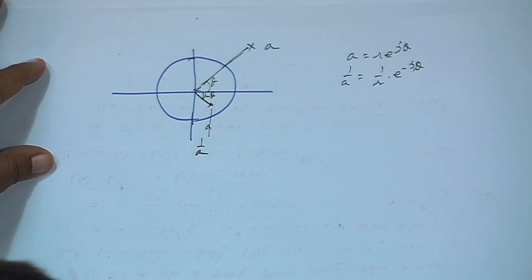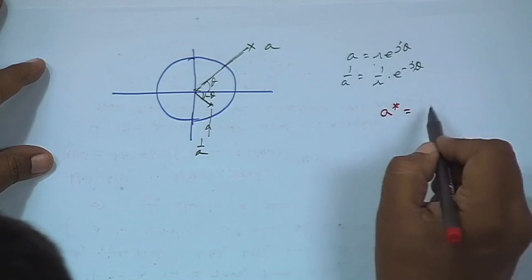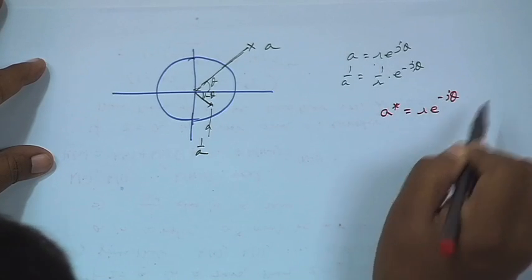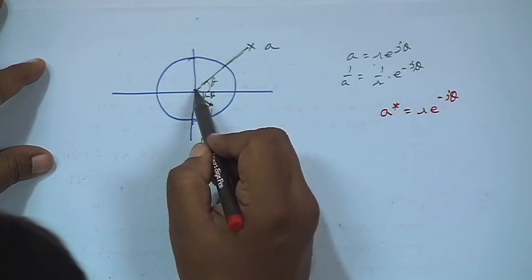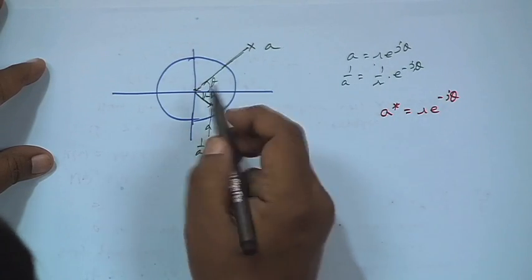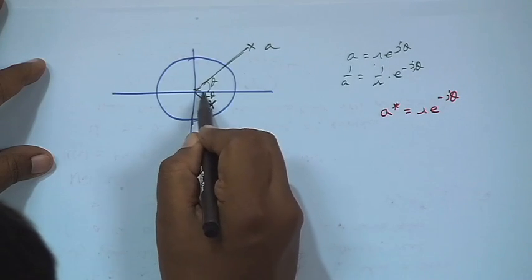On the other hand, A star is another root which will have the same magnitude, only the phase is opposite. So the angle will be minus theta, but the same radius r. So here is one root, same radius r, but angle minus theta.